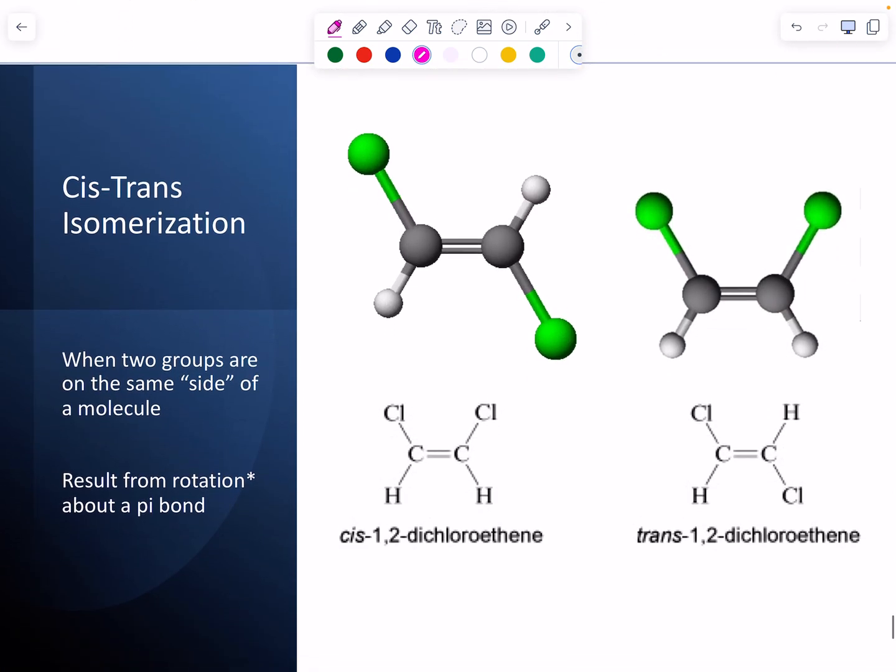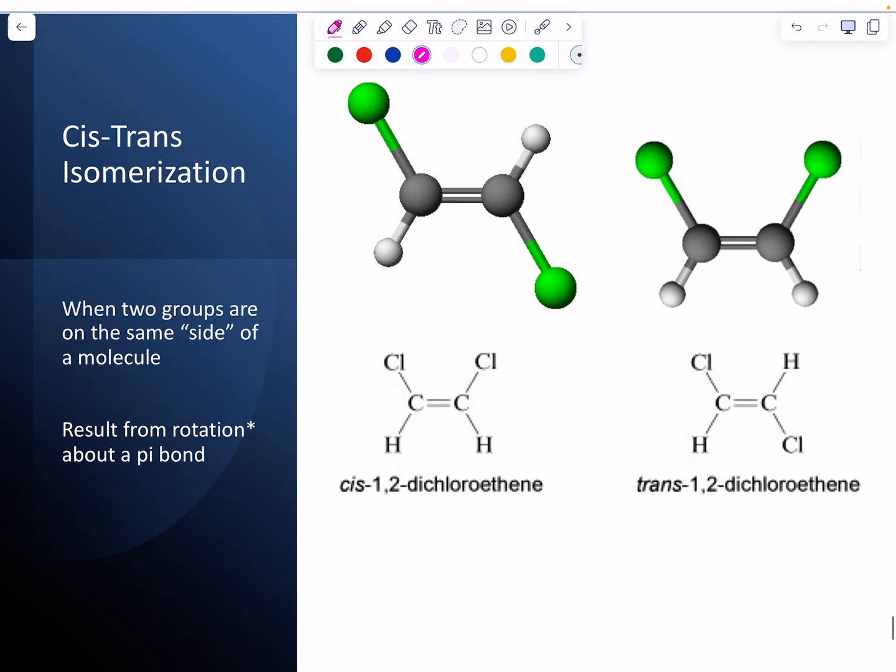All right, so a type of isomers that you would get are when you still have the same number of bonds, the same types of bonds, but the positions are different.